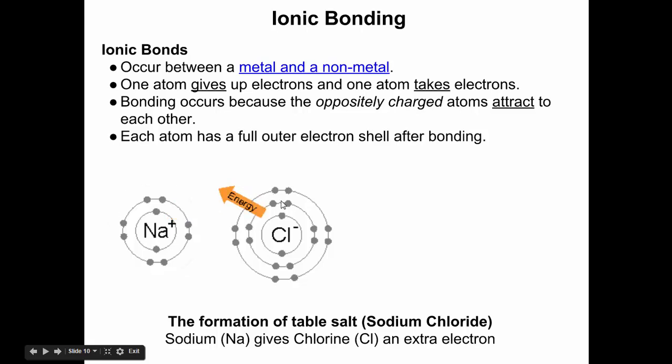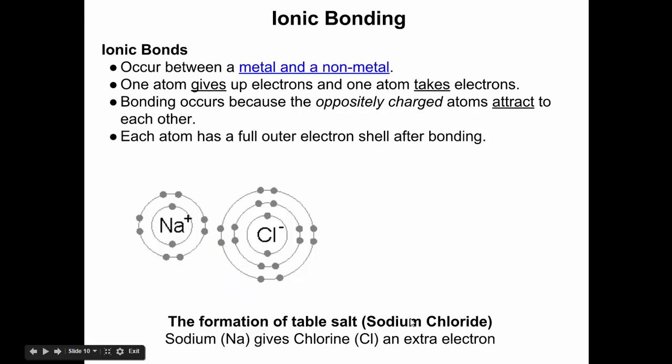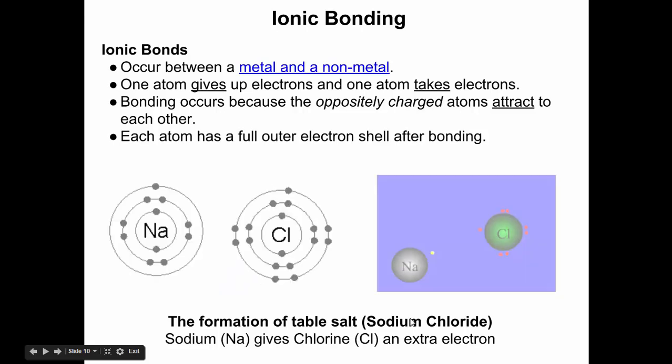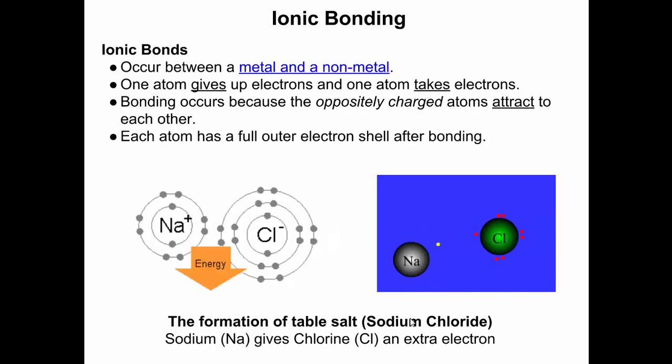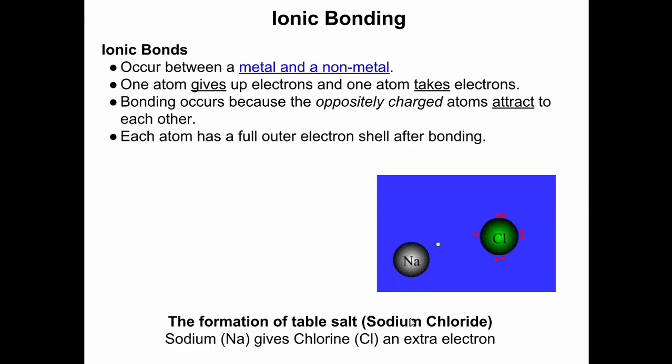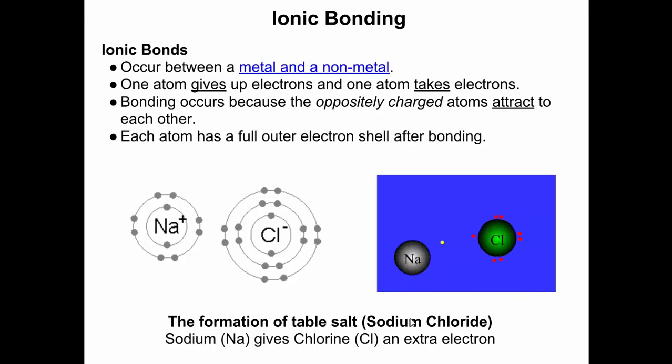Okay? And now they're attracted to each other because they're positive and negative. They attract to each other. Okay? And here's another one that you can see. Right? And so now sodium has that plus sign because it's gotten rid of that electron. Chlorine now has that negative sign because it's taken that electron.